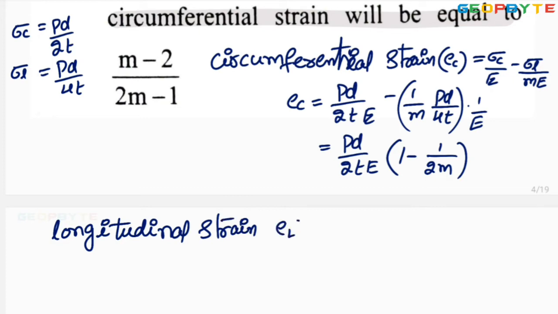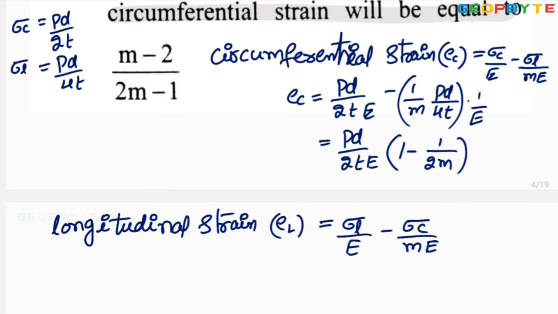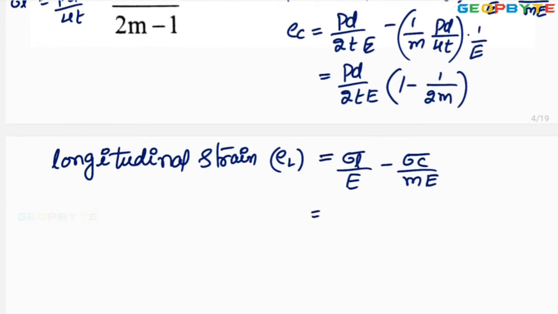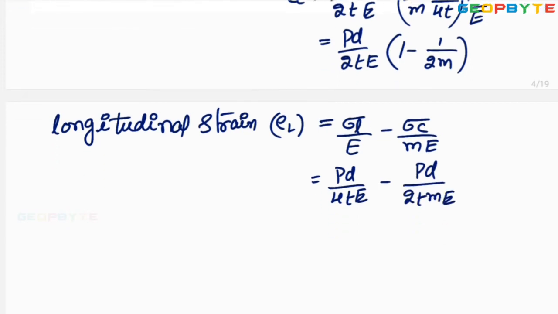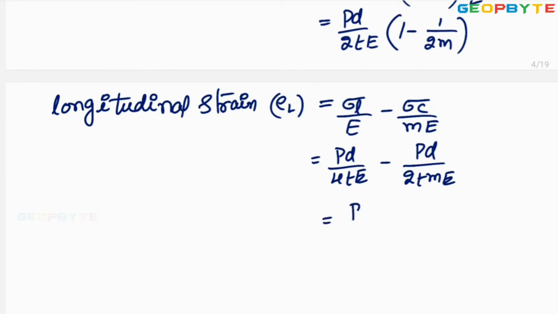Okay, longitudinal strain EL equals sigma L by E minus sigma C by mE, where 1 by m equals Poisson's ratio. Sigma L equals PD by 4TE minus PD by 2TmE. Now let us write PD by 2TE outside, it is 1 by 2 minus 1 by m.